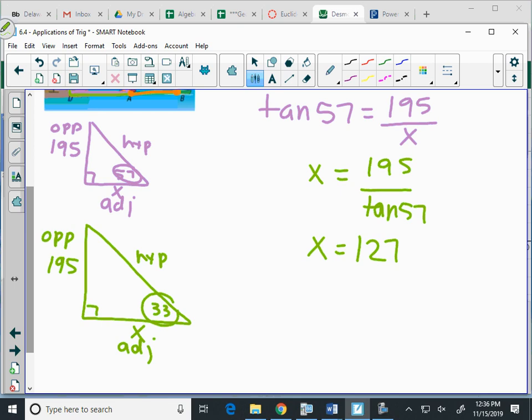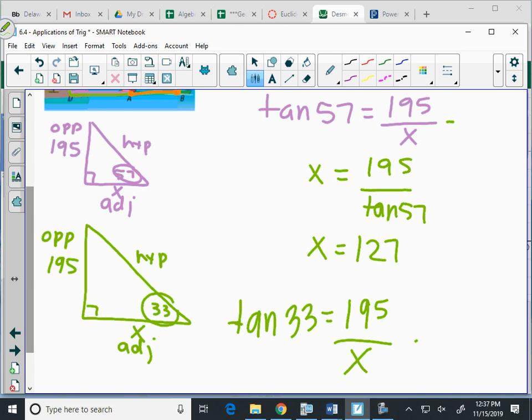So which one are we going to use again? Tangent. And when we set up our ratio, tangent of 33 equals opposite over the adjacent. What do you notice about the second one we set up and the first one we set up? X is in the same spot. What about the numerator? It's the same. What about the ratio used? It's the same. Everything's the same except for what?